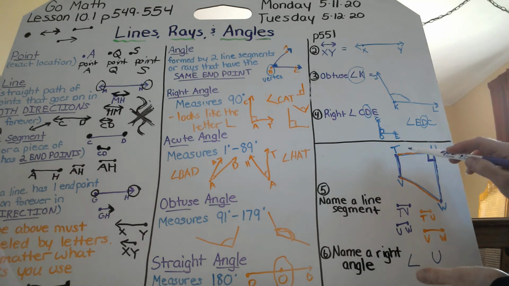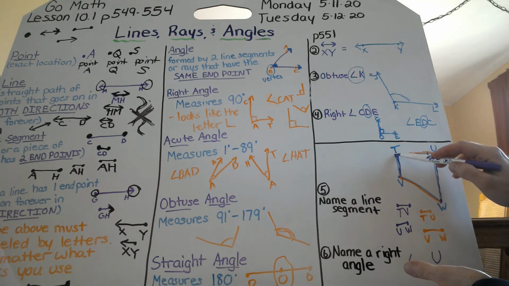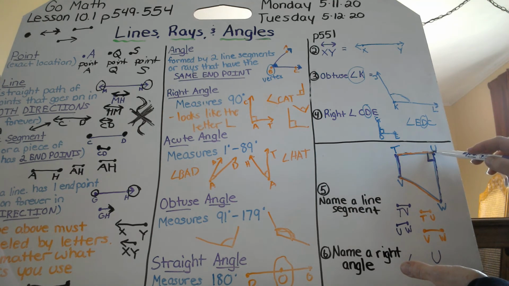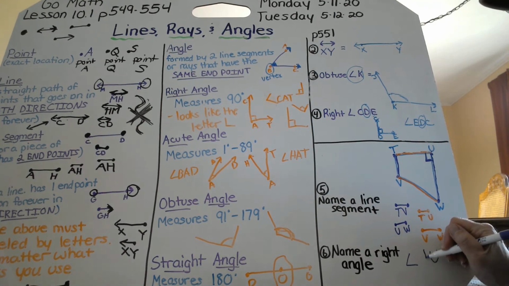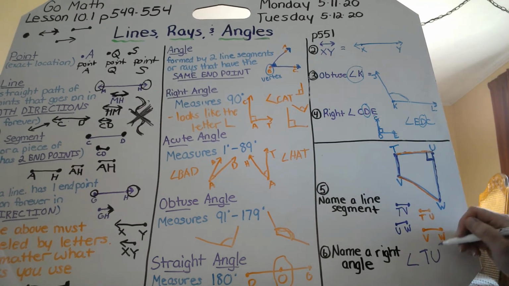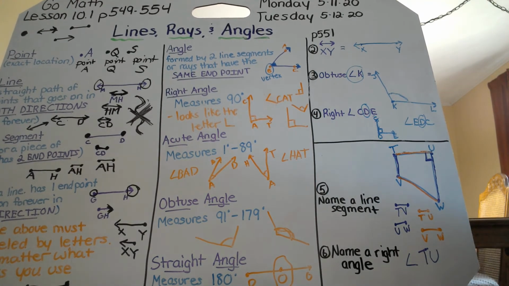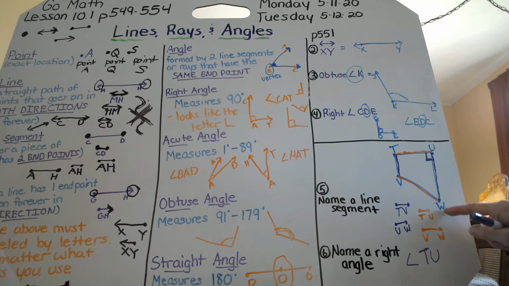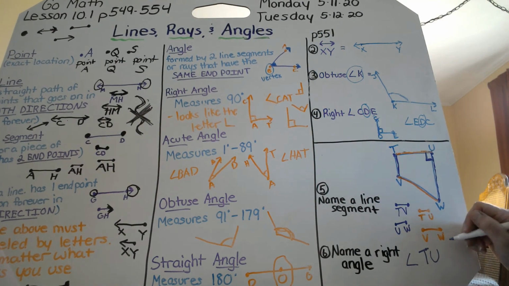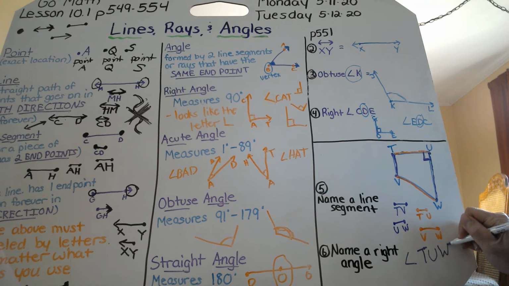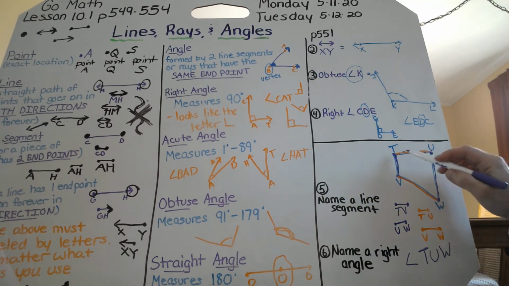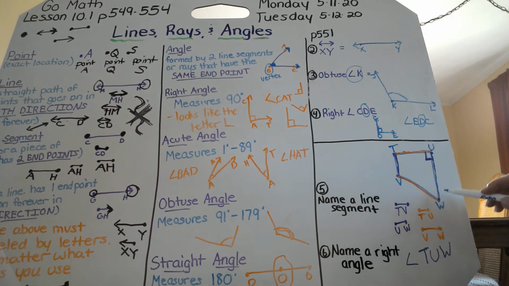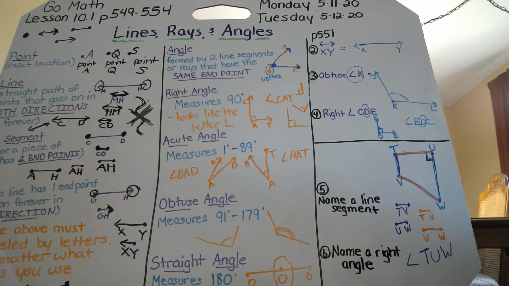But look at the T. See how the T is used for this line segment right here? So it's TU, so that is part of our angle name. And what other letter? You're right, the W. So our right angle would be angle TUW, or it can be angle WUT.